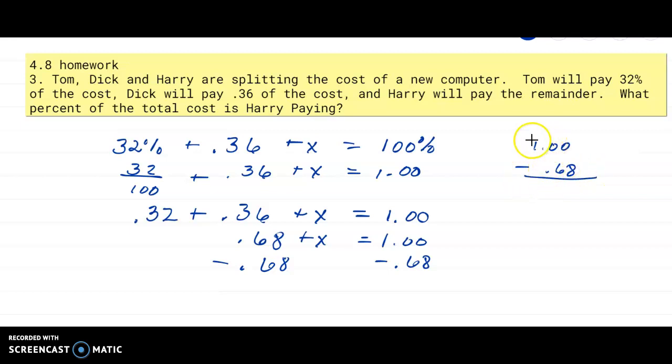I had to line my decimal points up. Borrow again. So this becomes 0.32. So 0.32 equals x. So that means Harry is paying 0.32, and that is equal to 32 over 100, because the 2's in the hundredths place, and that is equal to 32%.